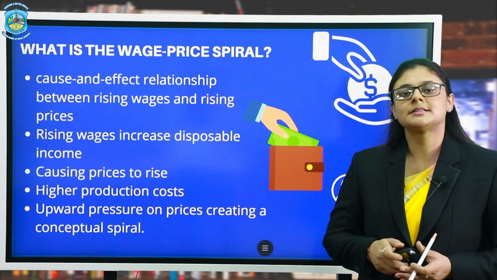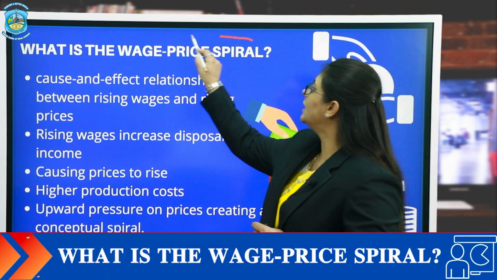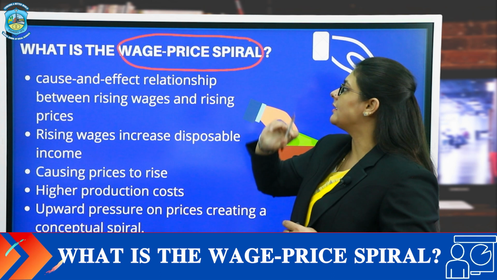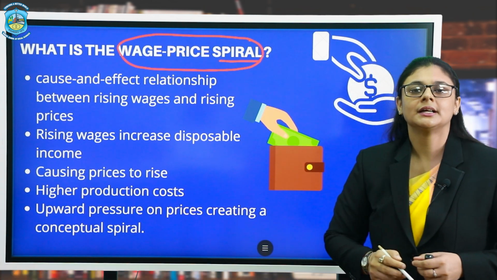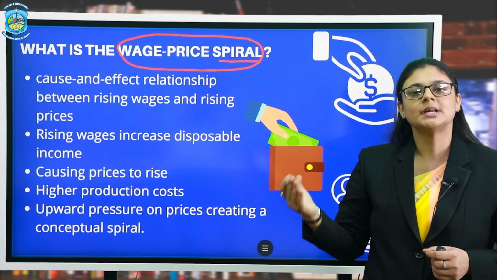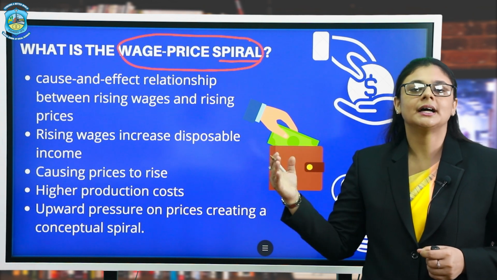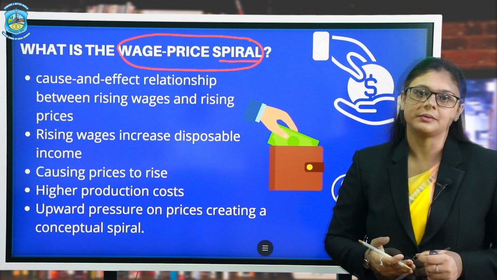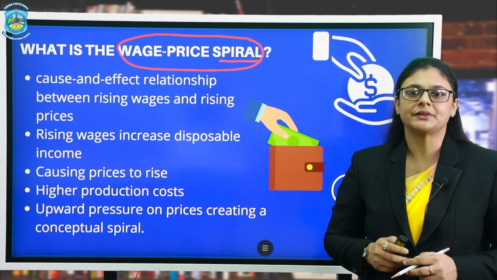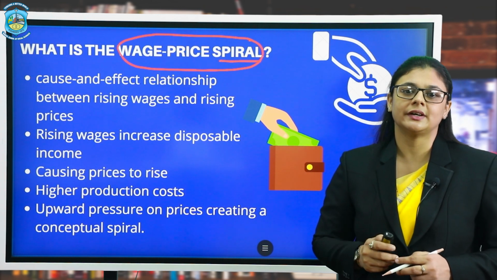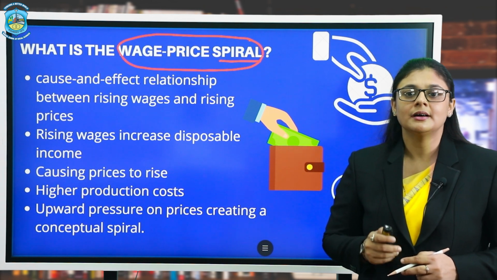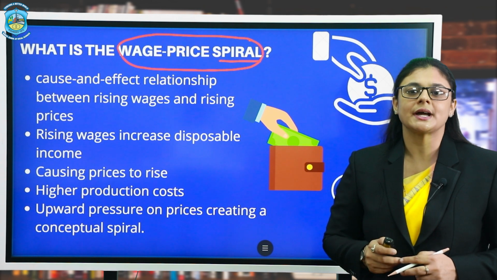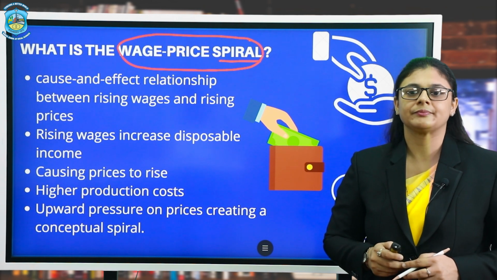So let's try to understand the meaning of this term, wage price spiral. As the word itself suggests, it's a spiral, which means one thing leading to another, leading to another, and again coming back to the first one. The wage price spiral is a macroeconomic theory used to explain the cause and effect relationship between rising wages and rising prices or inflation.